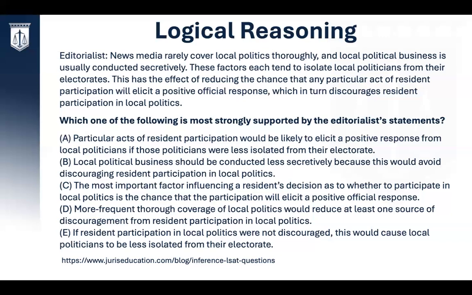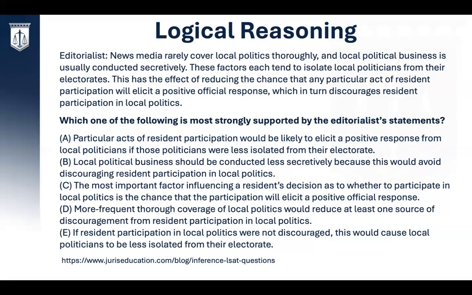Okay, Chris, coming out strong. Local political business should be conducted less secretively because this would avoid discouraging resident participation in local politics. I feel like that's a pretty good answer. MJ, okay. More frequent, thorough coverage of local politics would reduce at least one source of discouragement from resident participation in local politics. Okay, I did not eliminate B or D, so those are both strong answers.